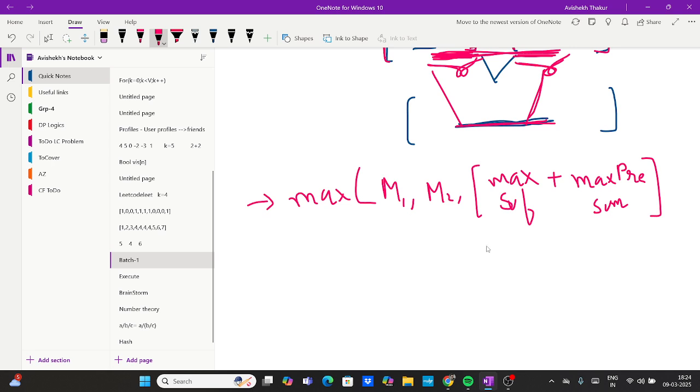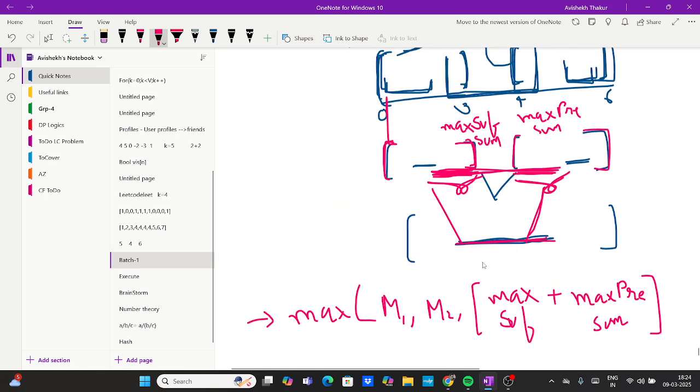Can we have one other possibility, like M1 being in between two things, right? See, that's the part. If I said M1 is this part, but if it had been the other part, you would have considered that one, I mean, this one would have come to your answer, no? So there are only two possibilities: either the maximum comes from this part or from this part.